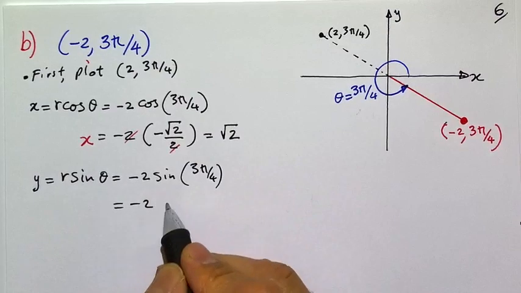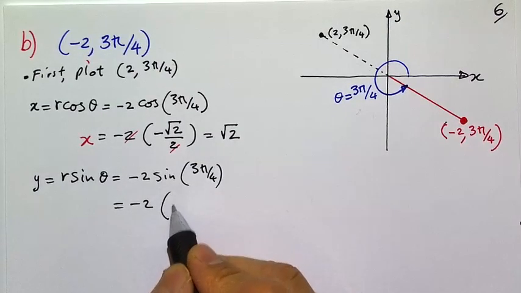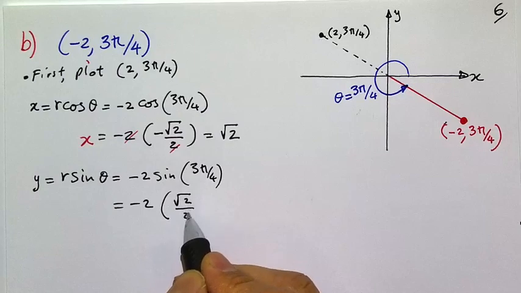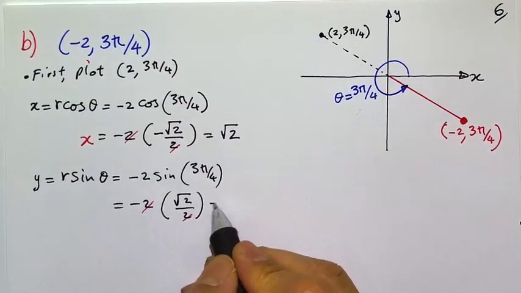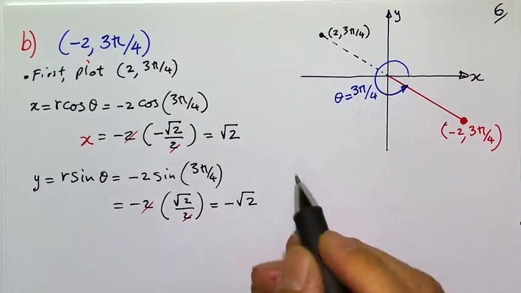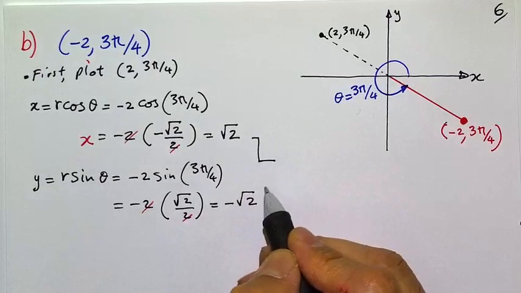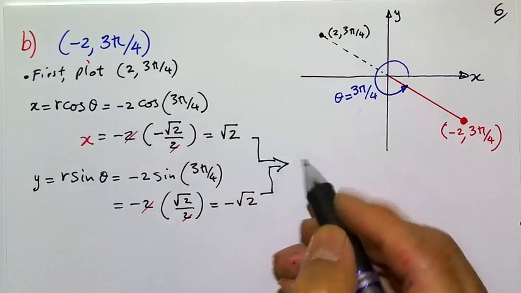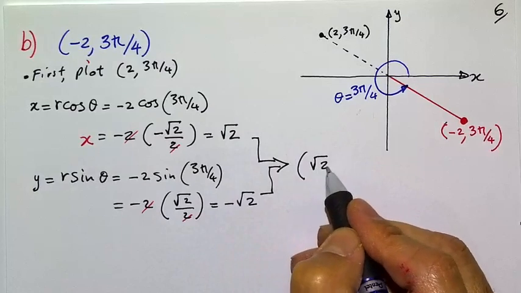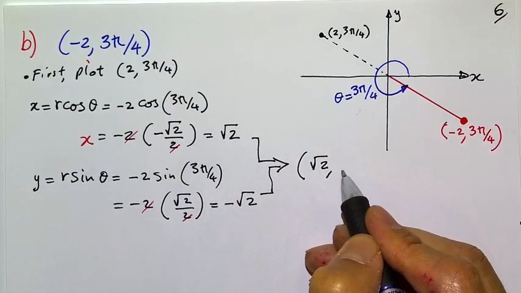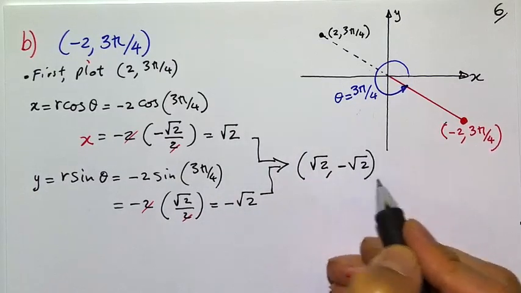So we have minus 2 times square root of 2 over 2, and the 2's cancel out. Minus times that, we get minus square root of 2. So the Cartesian coordinates are, x is square root of 2 and y is minus square root of 2.